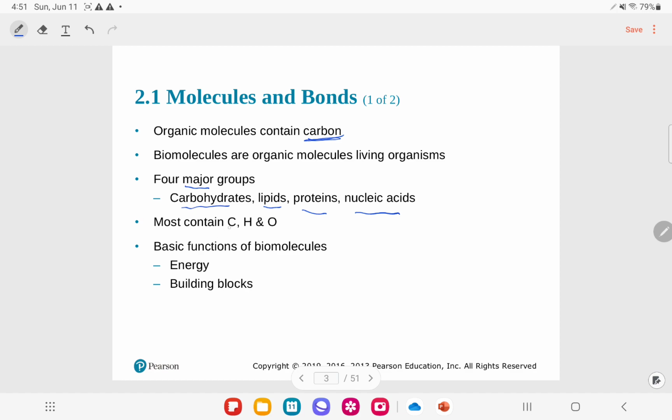Okay, and they're mostly going to contain carbon, hydrogen, and oxygen atoms. Their basic functions, we're going to use these for energy. We're going to use these as building blocks as well, right? As we break down, for example, carbohydrates and lipids to get energy from them. And we use proteins, nucleic acids, things like that, to build things up, okay?